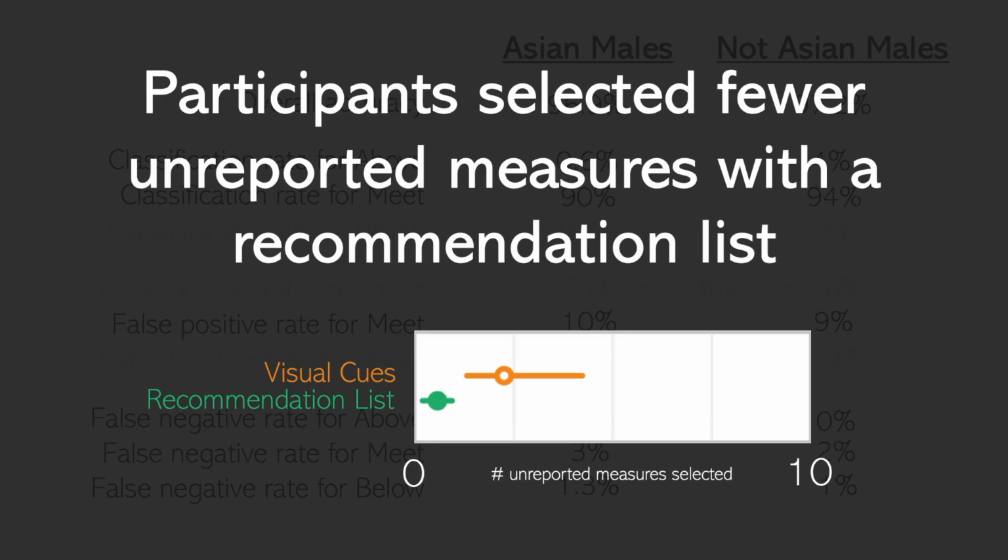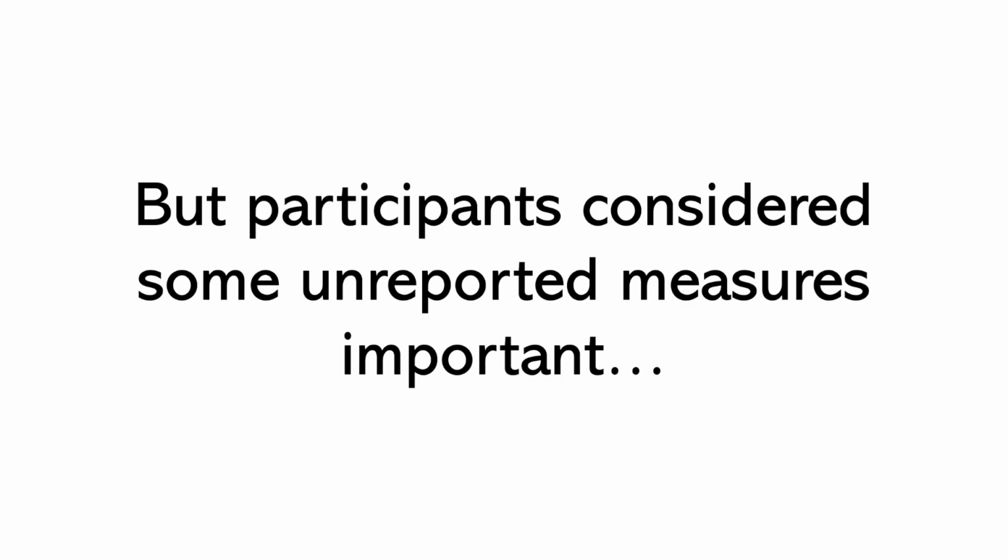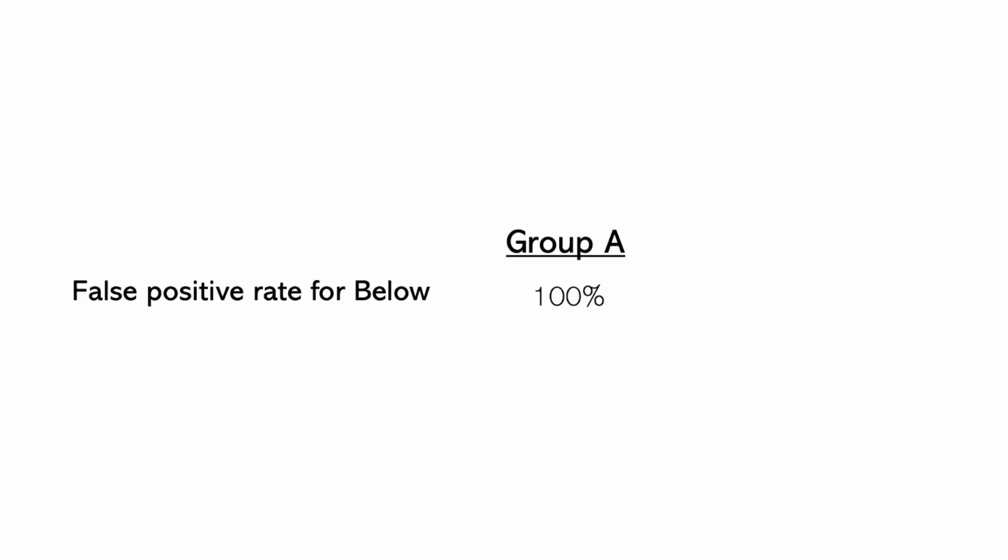We found that participants selected significantly fewer performance measures that were not reported when they used the recommendation list prototype. Another finding was that participants often considered some unreported measures important. They selected these unreported performance measures and provided valid reasons for doing so.